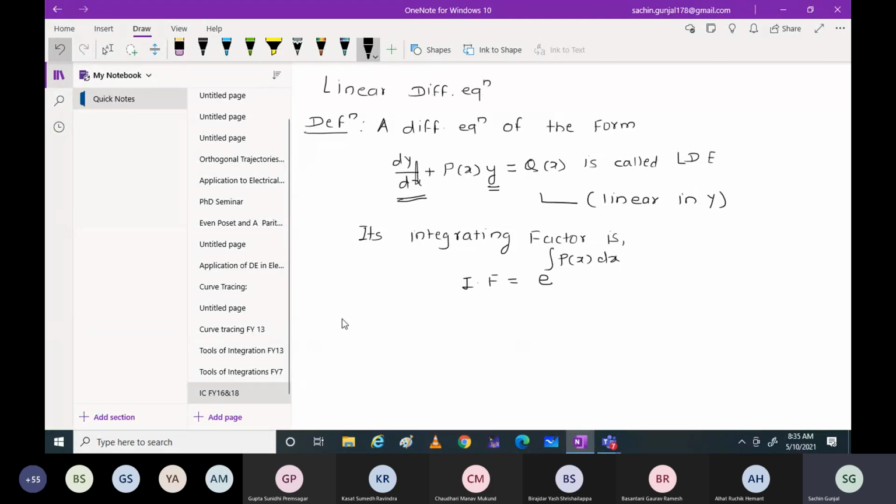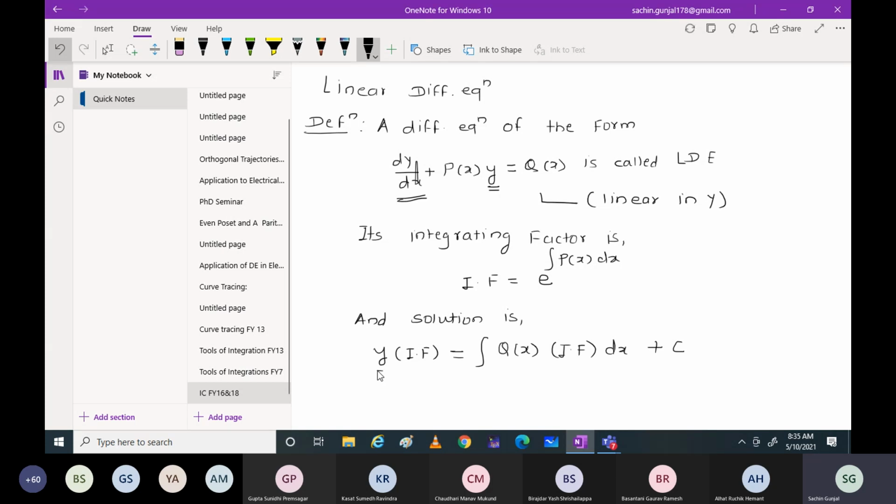And the solution is y into integrating factor is equal to integration Q of x into integrating factor dx plus constant of integration.